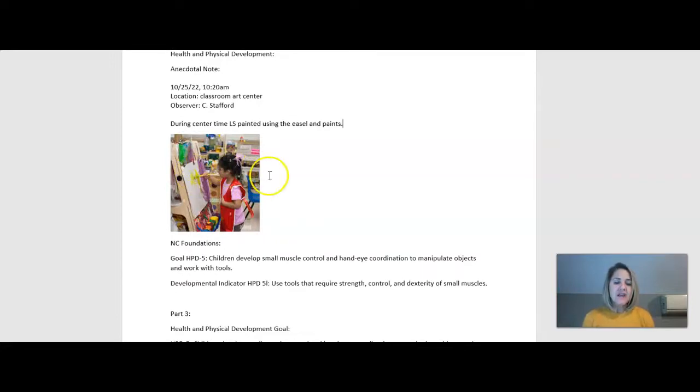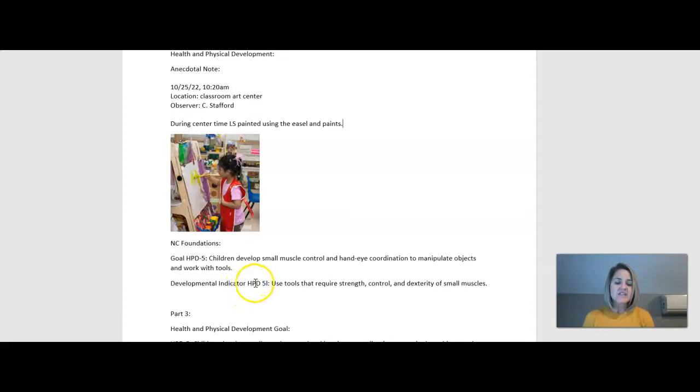So then I took that note and I went to North Carolina Foundations and I connected it to the goal, children develop small muscle control and hand-eye coordination to manipulate objects and work with tools. And I looked even further into NC Foundations and found the developmental indicator that I specifically saw displayed in this observation.